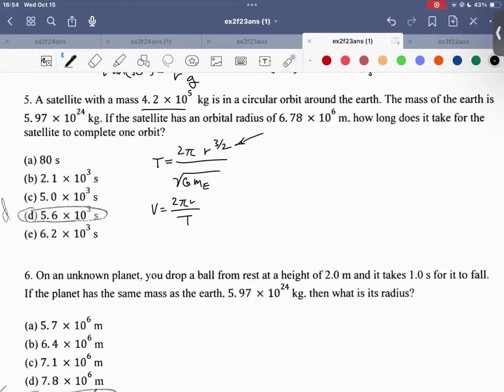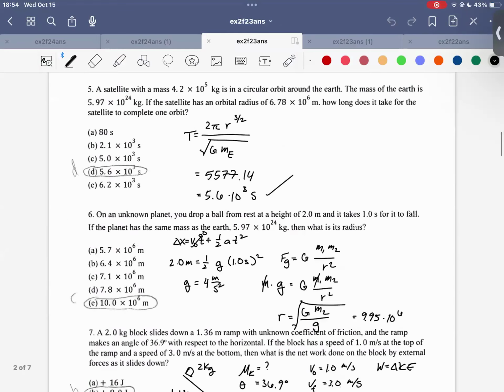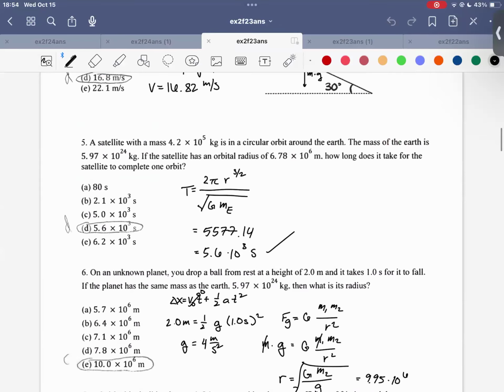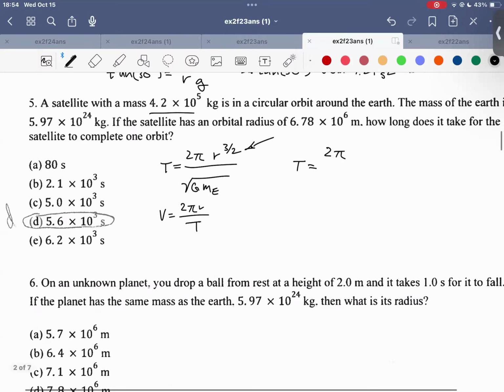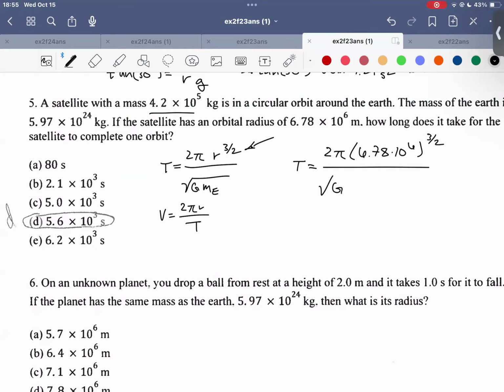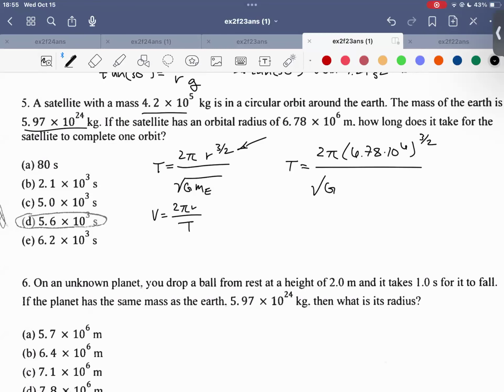Plugging in everything, we can say, yeah, okay, that is right. So we say this, and our radius of 6.78, to the 3 halves over square root of G times the mass of Earth, which is given 5.97 times 10 to the 24th kg.